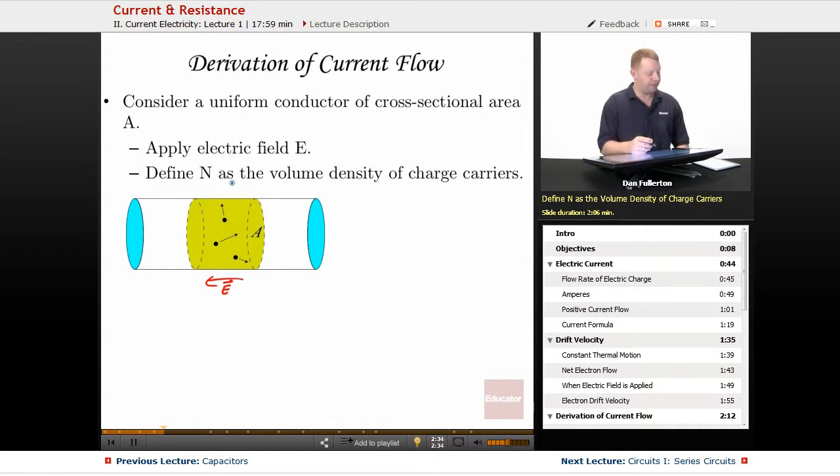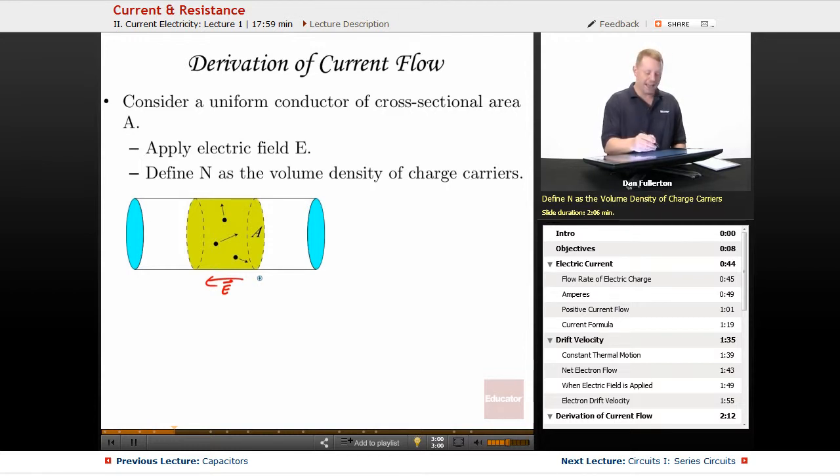So, electrons in the conductor move randomly with thermal velocities. We talked about that on the last slide, roughly 1,000,000 meters per second. They're moving pretty quick, but it's in all random directions. When we apply this electric field, however, there's some small net movement of electrons opposite the direction of the electric field. And that speed might be on the order of, say, 0.5 centimeter per second compared to that thermal motion of 1,000,000 meters per second.